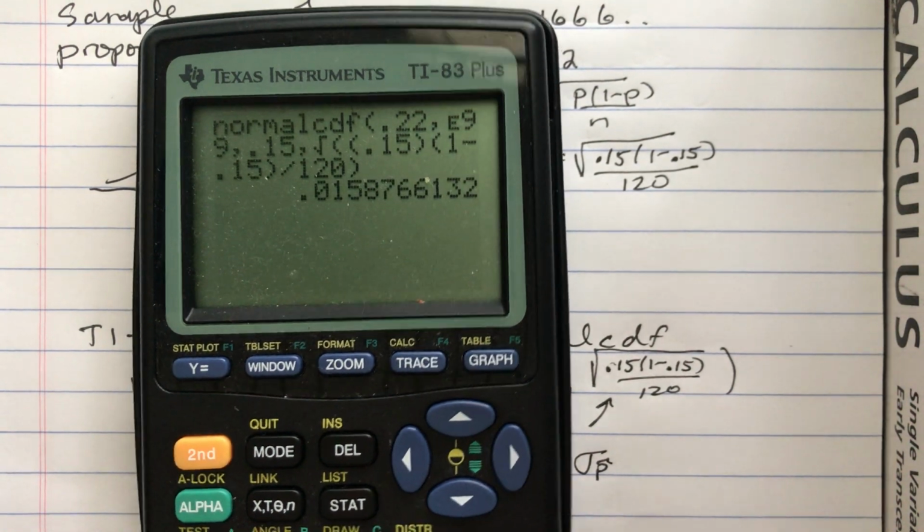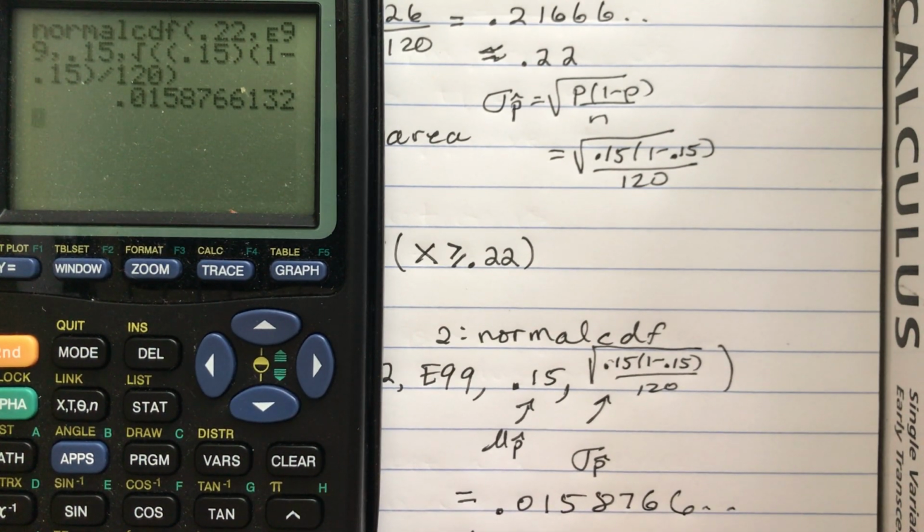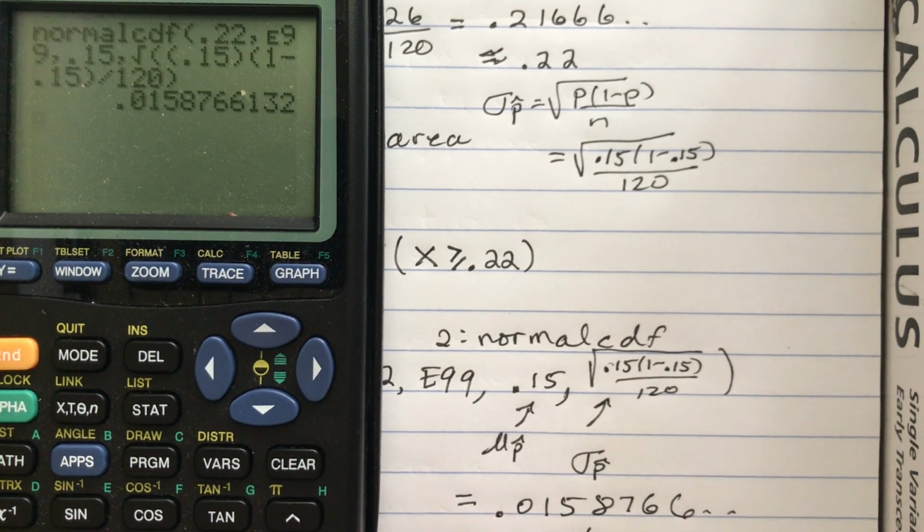All right, so what's the result? The result is a sort of small number. It's true this could happen. I'm getting 1.6% around. It's close to 2%.